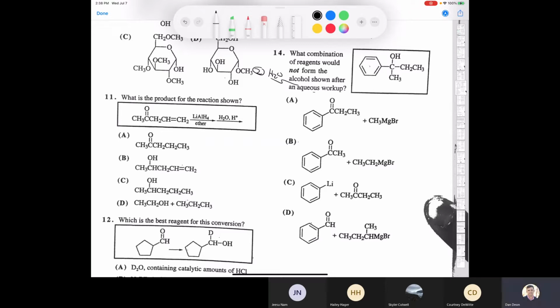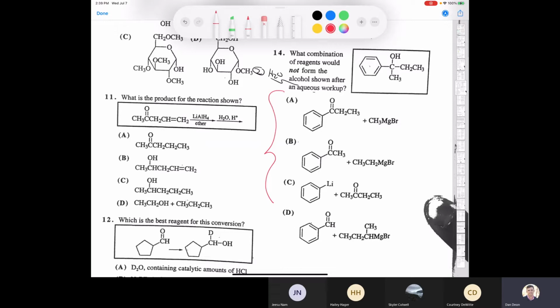Can anybody tell me which one would not give you this compound after aqueous workup? There's one of them that's way off in left field. There's a big mistake in one of them. Yeah, the answer is D, isn't it? Right, you can see that A, B, and C will all give you the right compound after a nucleophilic attack and a proton transfer.